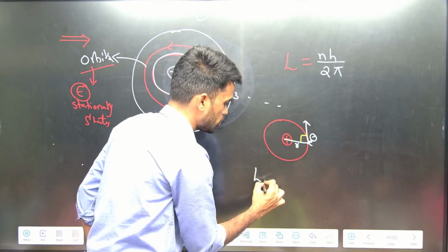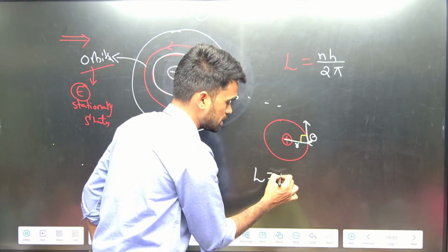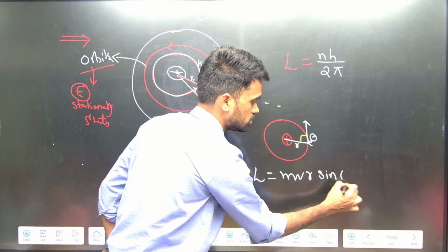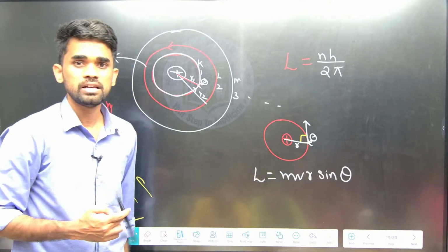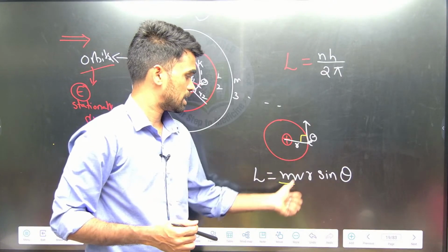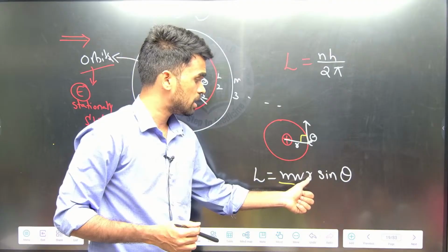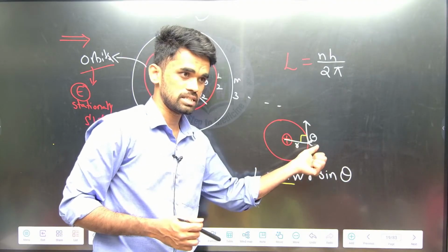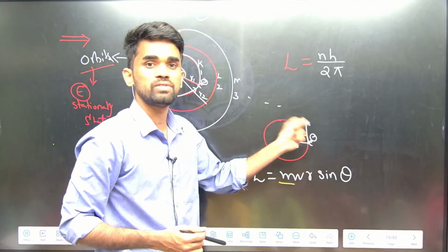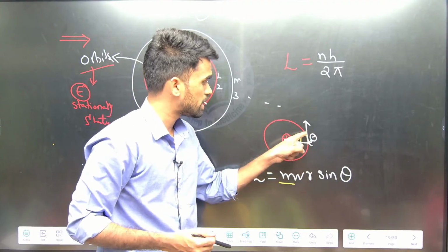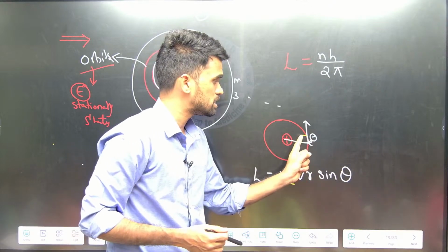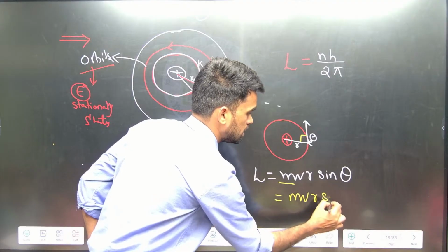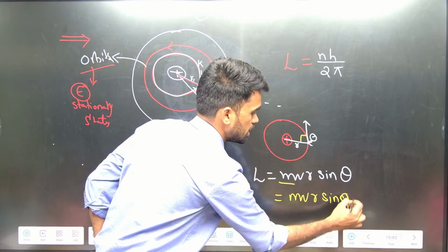Angular momentum L equals m v r sine theta, where m is the mass of the electron, r is the radius from the center to the electron, v is the velocity of the electron, and theta is the angle it makes. Here theta is 90 degrees, and sine 90 is 1.